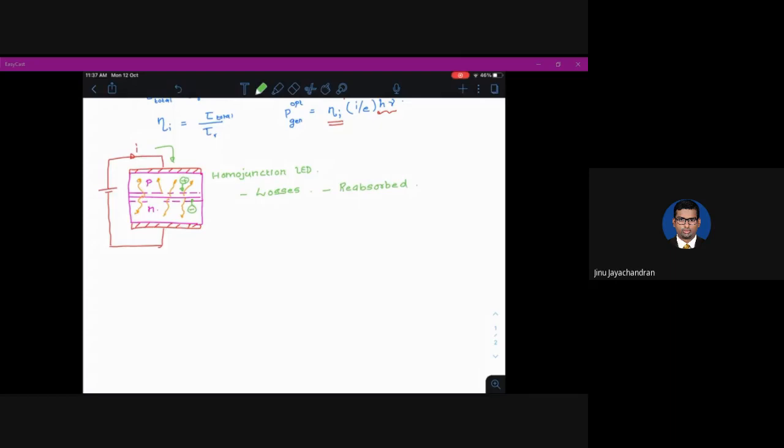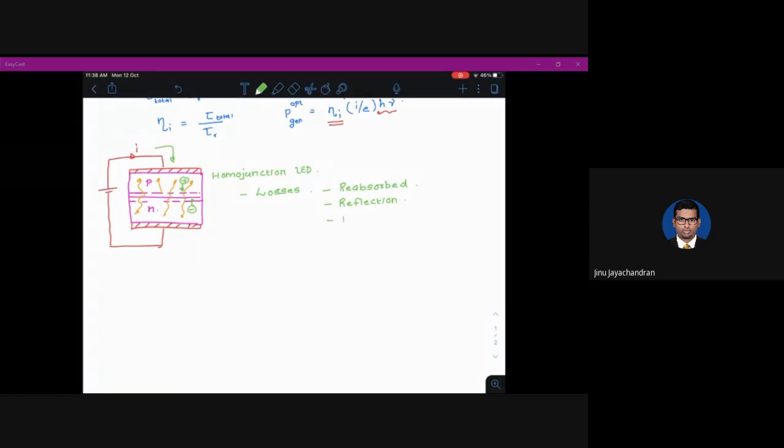Fine. That means the semiconductor itself can reabsorb the light, and it can trigger an electron jumping from valence band to conduction band. Or there can be a reflection. The semiconductor itself can reflect the light back into the semiconductor instead of letting the light out to the air.